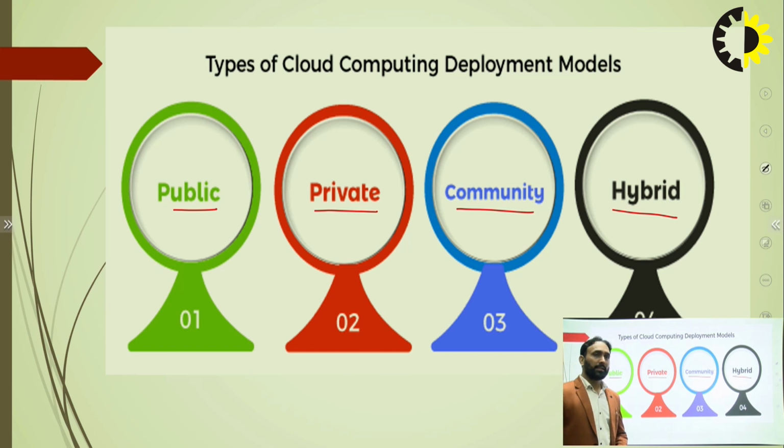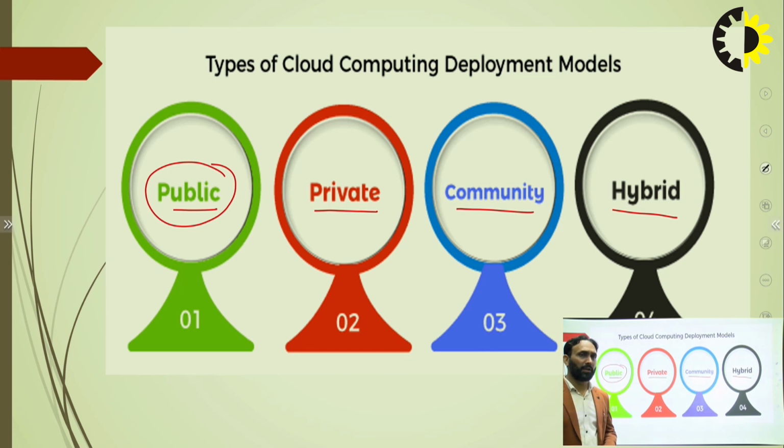As the name suggests, public cloud is available to access in a public domain. Means a few features are free, or features are available at a minimal charge on a public platform.